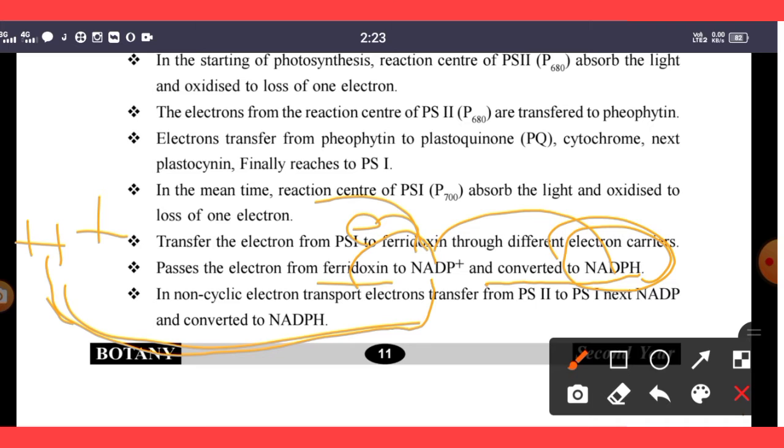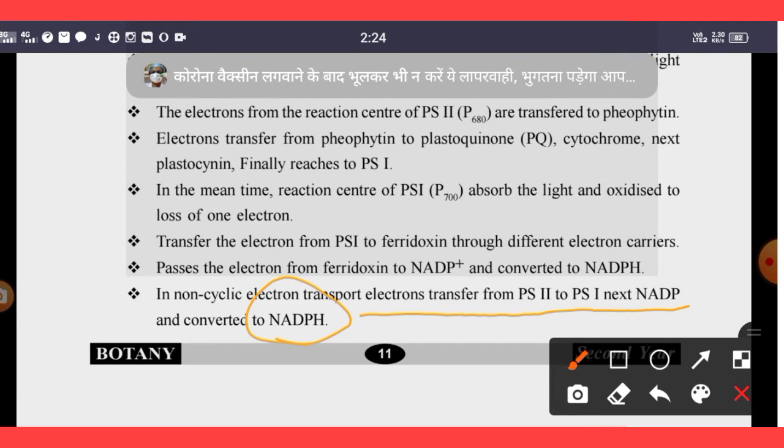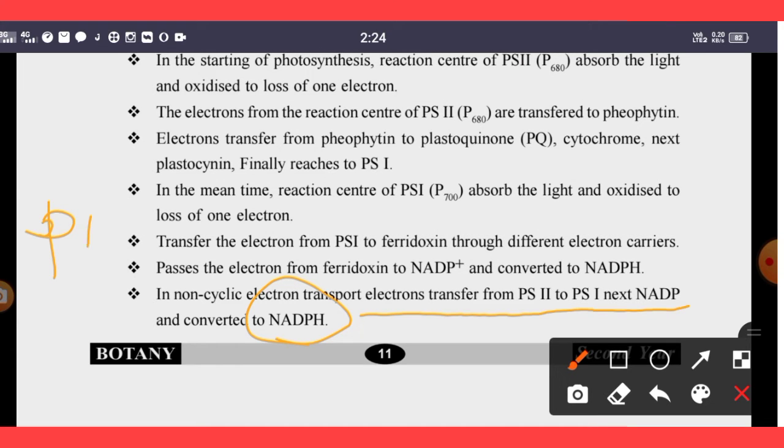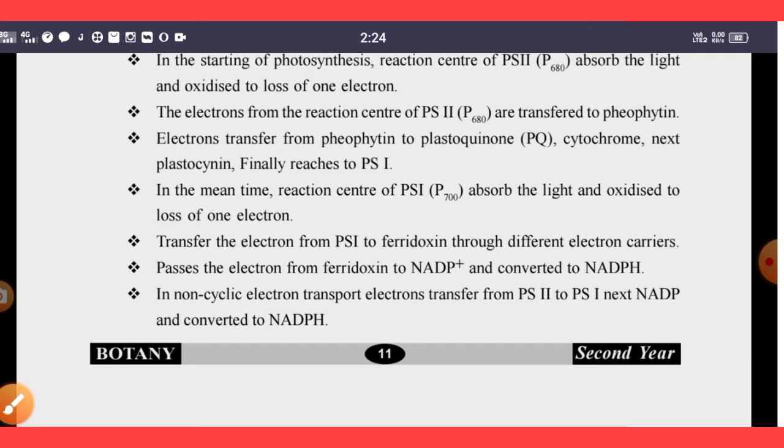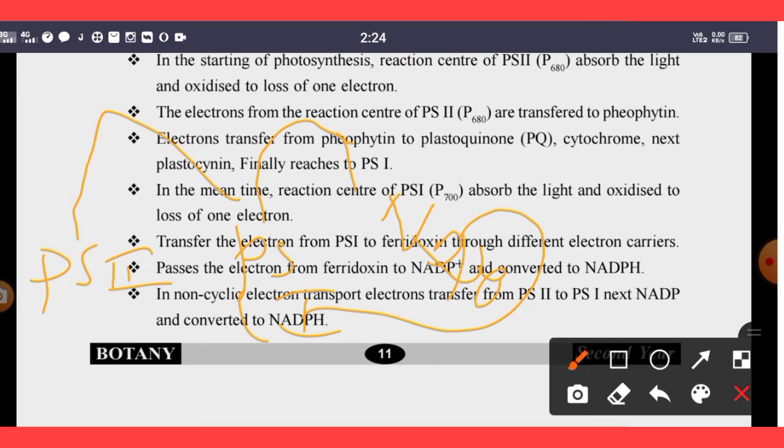So in non-cyclic electron transport, electrons are transferred from PS2 to PS1, next to NADP, and converted to NADPH. You have to keep this in mind. First of all, electrons are transferred from PS2 to PS1, and from PS1 to ferredoxin to NADP plus, and NADP is converted to NADPH.